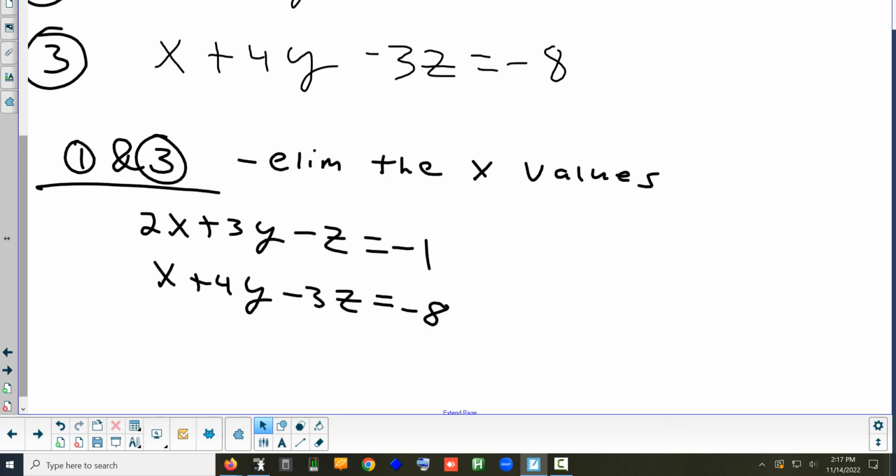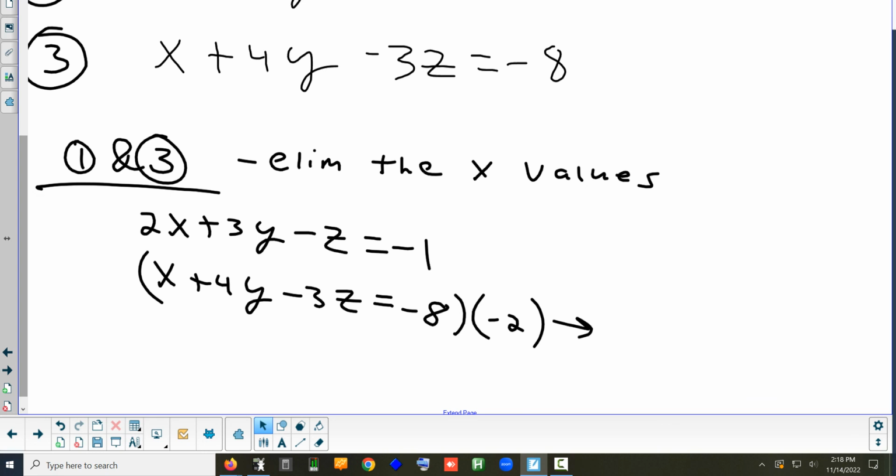And now let's do what we did before. We're going to multiply one of these equations by something, but we're trying to eliminate x's. So this is a 2. I would make this bottom one the opposite. So what would I multiply everything in that bottom equation by, and then the x's would be gone? Yep. Negative 2.